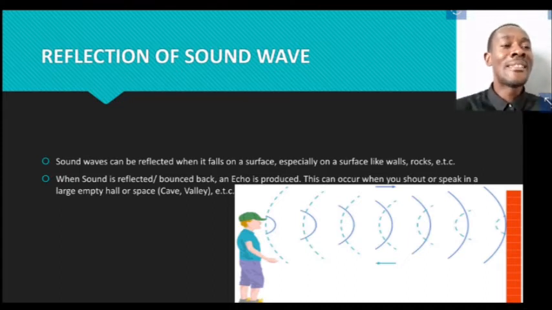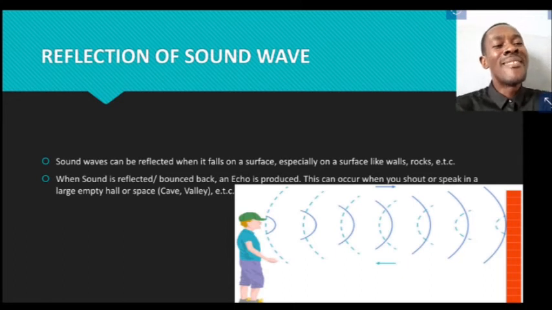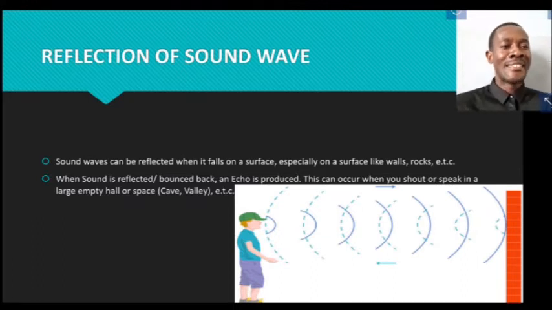Reflection simply means to bounce back. To bounce back means to be reflected. After hitting a surface or hitting another matter, for it to bounce back, you can say it is reflection. So sound wave can be reflected, as we are going to see.